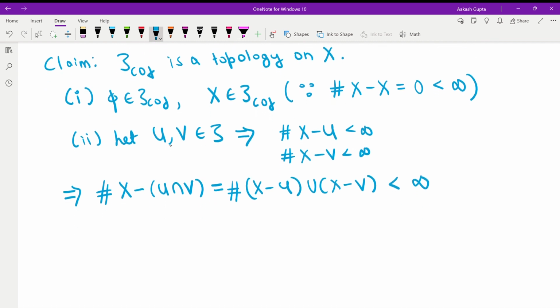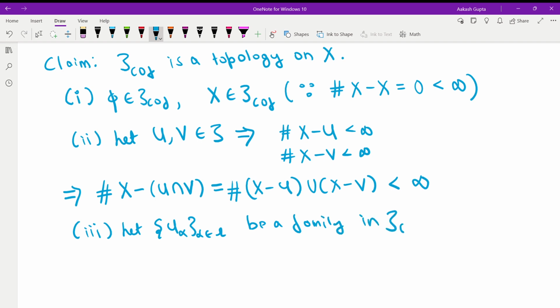Let us see the next one. So now we have to have a family in tau COF. So let U alpha be a family in tau COF.